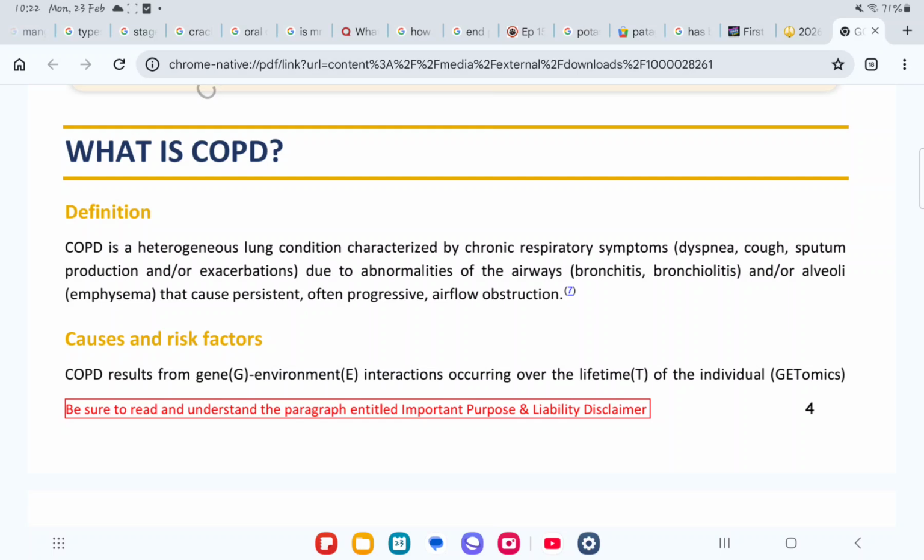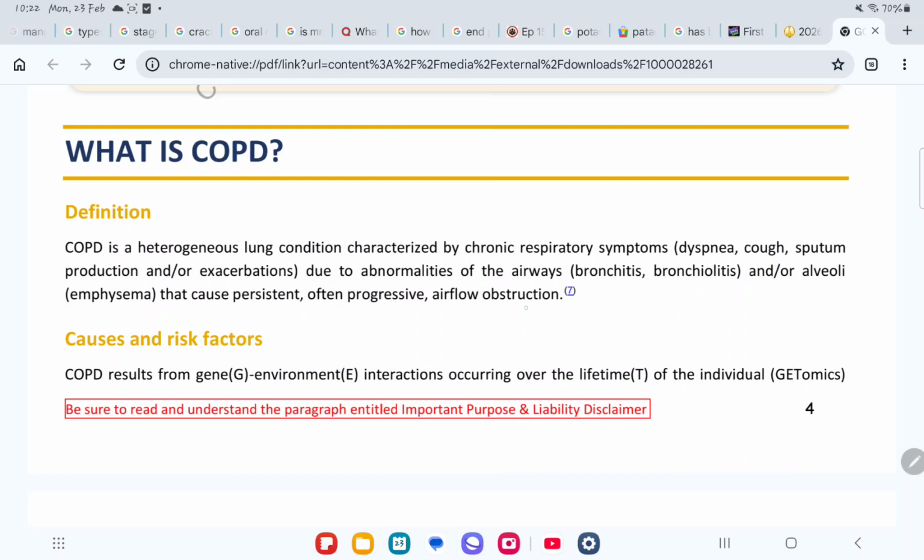What is COPD? It is a heterogeneous lung condition characterized by chronic respiratory symptoms, dyspnea, cough, sputum production and exacerbation, due to abnormalities of the airway, bronchitis and bronchiolitis, and or alveoli, emphysema, that cause persistent airflow obstruction.